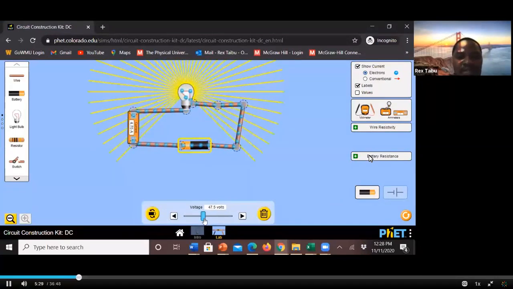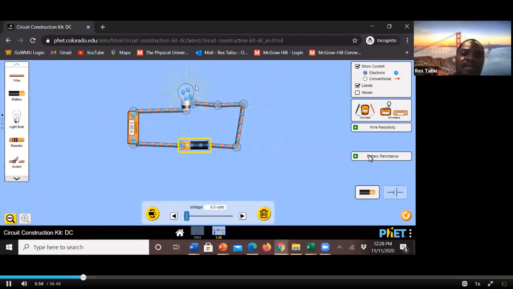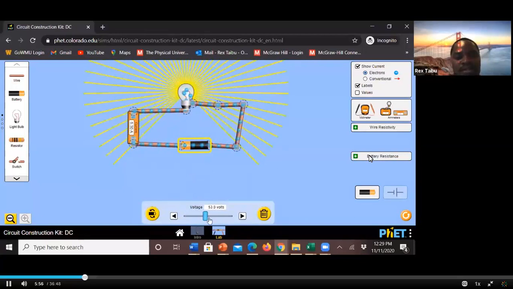As I'm increasing the voltage, the current is also increasing. Now it's 47.5 and the current is 4.75 amps. If I reduce the voltage, the current also reduces. The brightness here is proportional to the current. You can see that as the current is increasing, the brightness is also increasing.